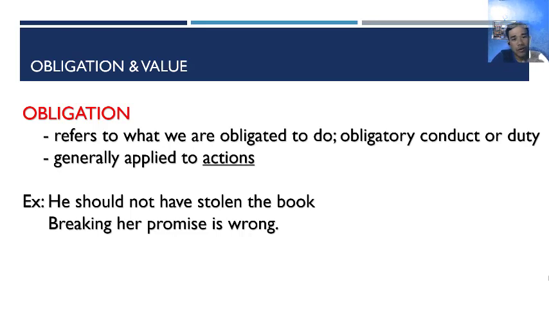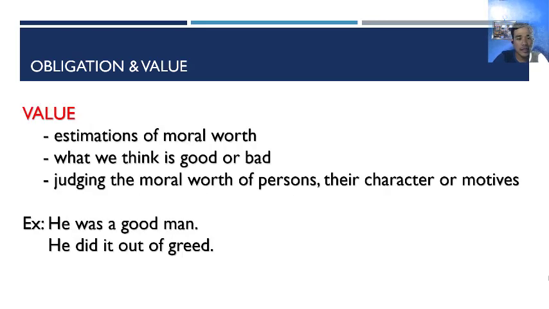So we are focusing on judging the action, while value is an estimation of moral worth, of what we think is good or bad. This one judges the moral worth of persons, their character or motives. Let's say, for example, he was a good man. We would describe that person as having been a good man before, but he did something bad out of greed.